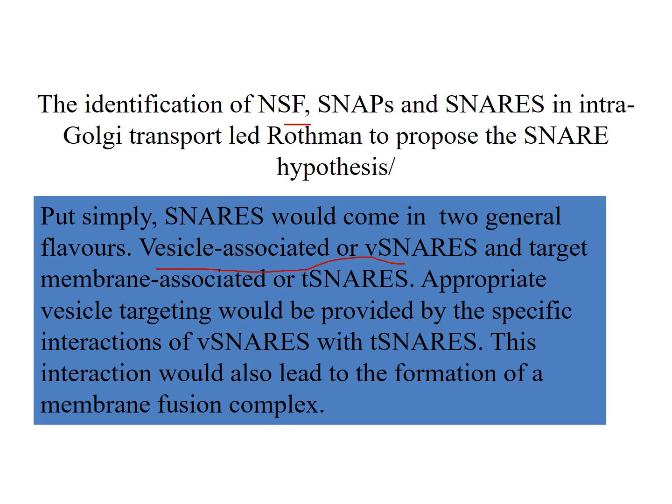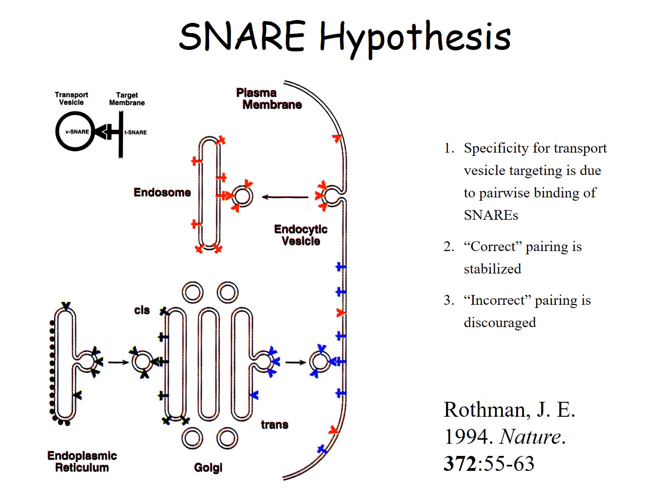Eventually the V and the T with the other molecules, NSF, SNAPs, they call it the membrane fusion complex, that then causes the membrane to fuse and delivers the cargo. Rothman's SNARE hypothesis: they draw it, see it looks like a V-SNARE, and they drew the T-SNARE together.